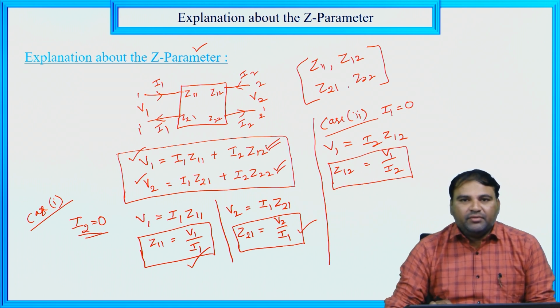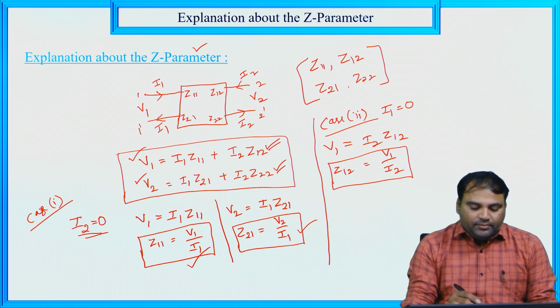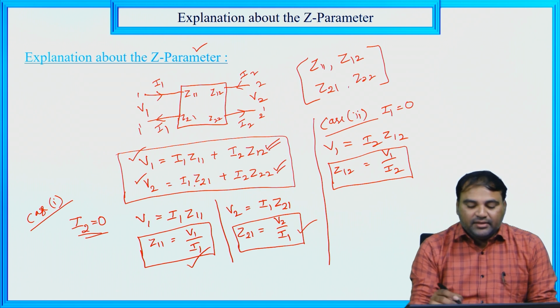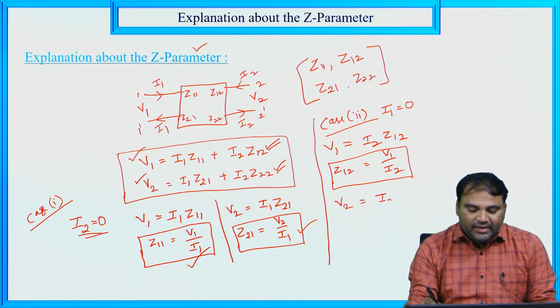And the fourth one, substitute I1 equal to 0 in the secondary equation. Then we'll get V2 equal to I2 Z22, where Z22 equal to V2 divided by I2 is the equation.